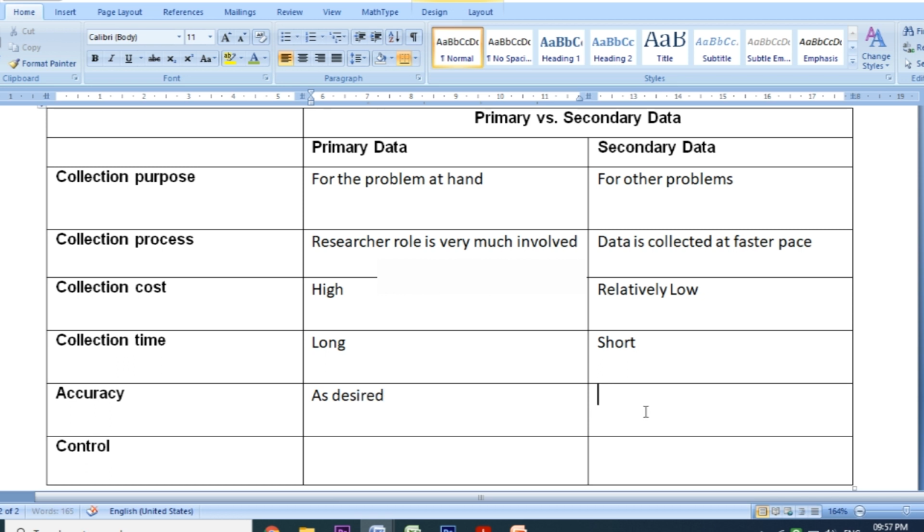The accuracy in primary data is as desired, whereas in secondary data, because of uncertainty in the collection of data, it is not known in advance. And lastly, the control with the researcher is complete in case of primary data, whereas in secondary data, it is not in the researcher's control.